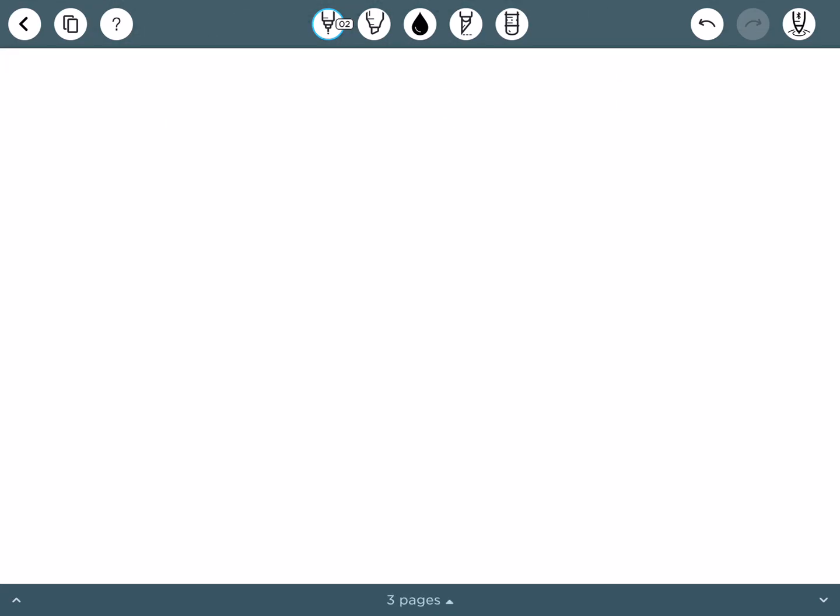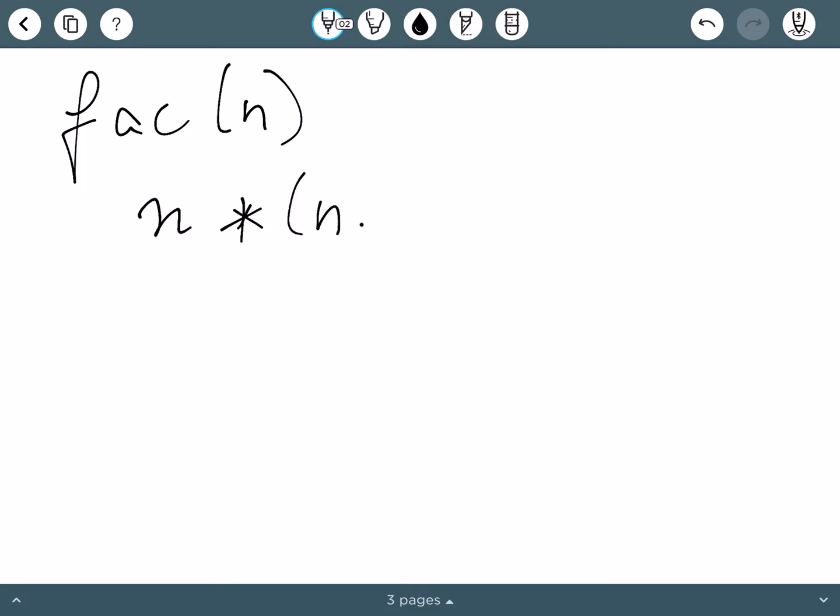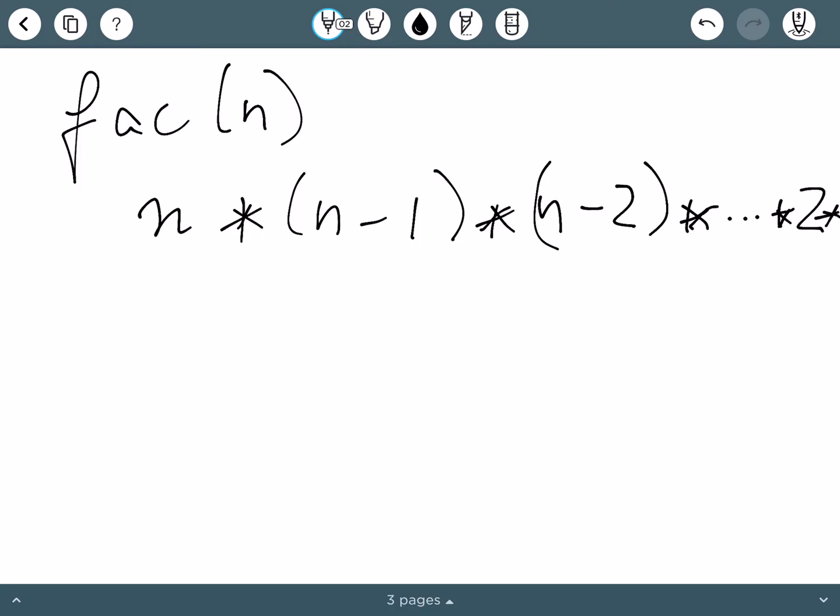So let me do an example with you. Let's say I ask you to write a function, fac, that computes the factorial of n. We remember this from high school, which for me was 35 years ago or so, but for you it was recent.